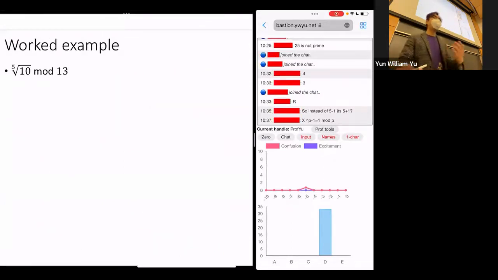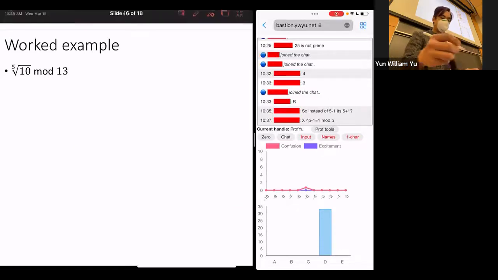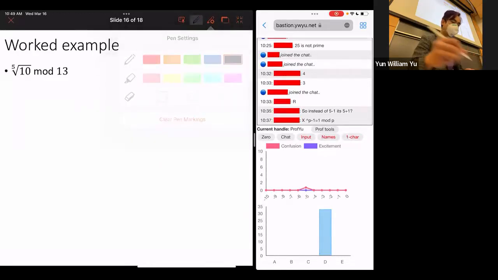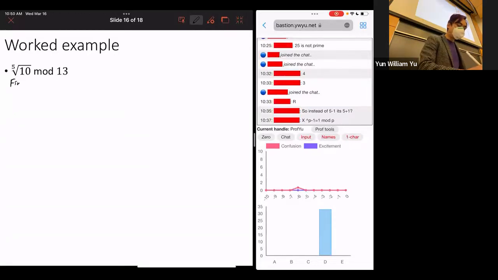Let's find the fifth root of 10 mod 13. Let me use a different color. Let me use black actually. I don't use black often enough. So the first step is find 1 as a combination of 5 and 12. And why 12?